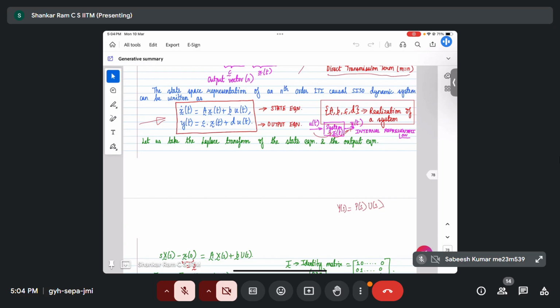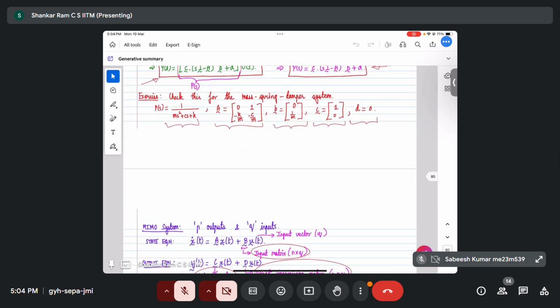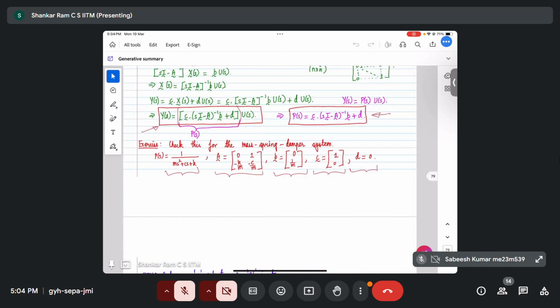So the question arises: what do we need to do? We need to learn a little bit of linear algebra and matrix theory, which we are going to do starting today, so that we can appreciate how control design is done using state space. A little bit of theory is necessary, and that's what we are going to learn.